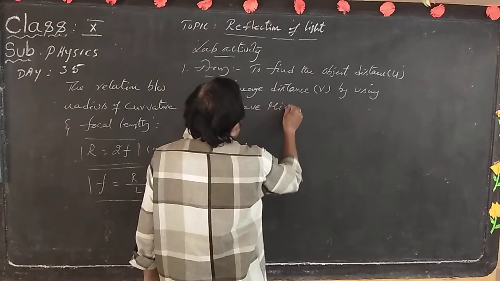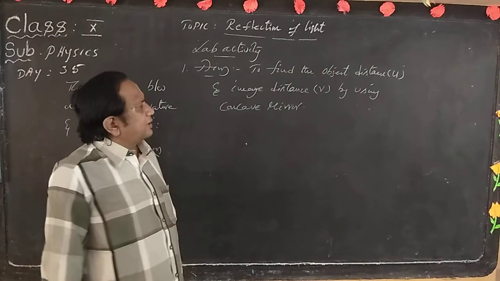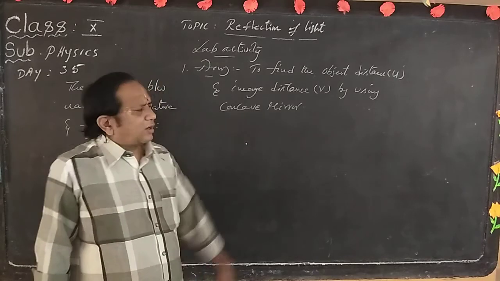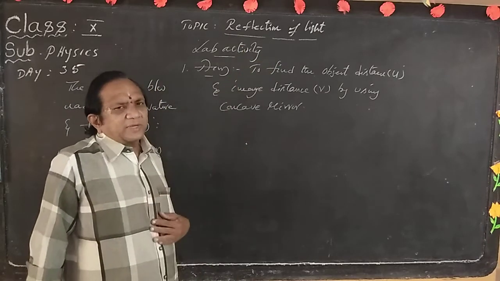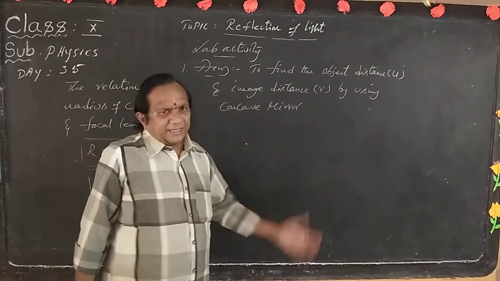Why have we used a concave mirror? Because it is a converging mirror. That's why I use the concave mirror in this determination. Otherwise, if the question is how to find the focal length of the lens, I use the same.